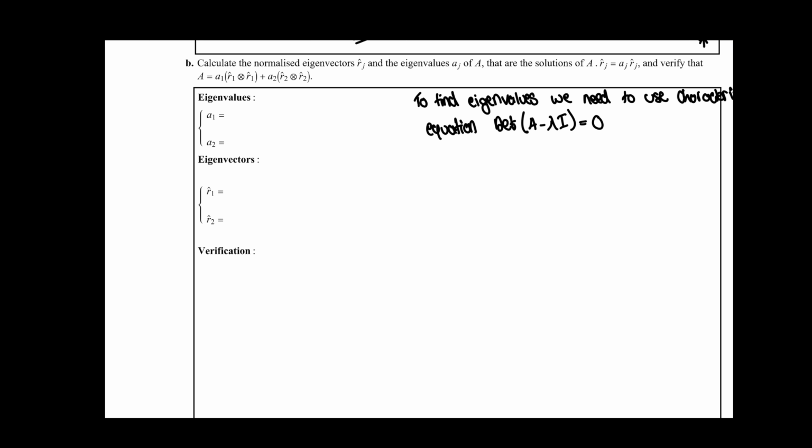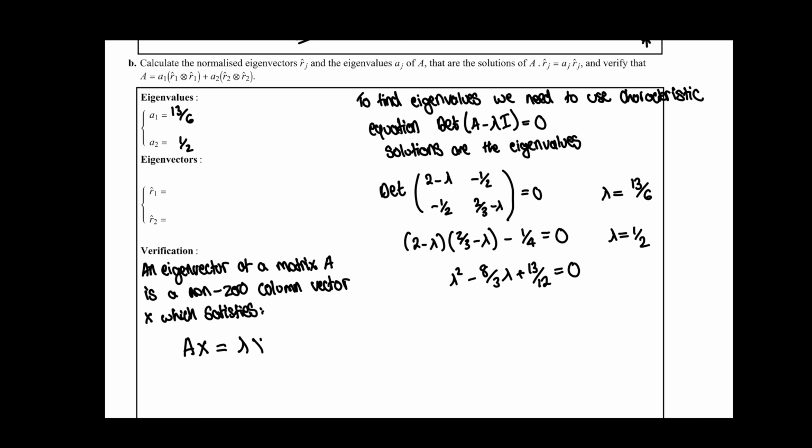A multiplied by the column vector X is equal to lambda, which is our eigenvalues, multiplied by the column vector. That's what we see here. We have the matrix A multiplied by this, in this case the normalized eigenvector, is equal to the eigenvalues multiplied by that same eigenvector.